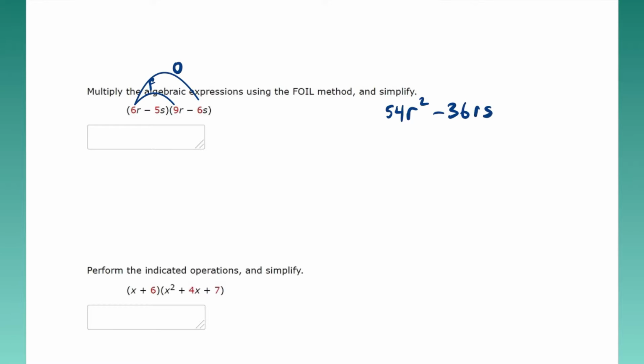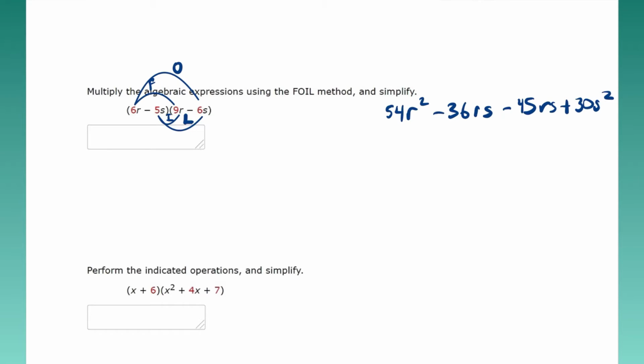And let's do inner. I for inner. That's going to be minus 45rs. And then finally, L for last. That's going to be positive 30s squared.